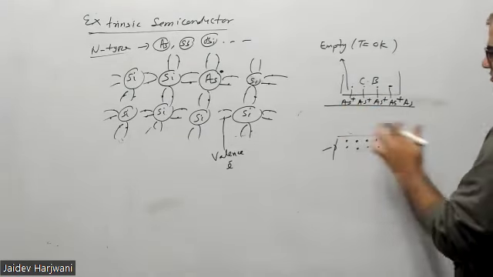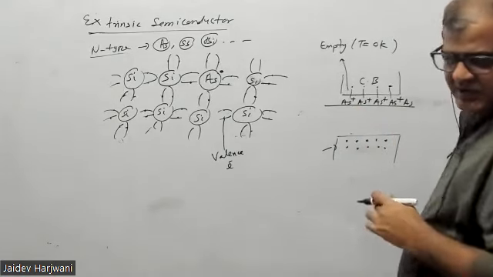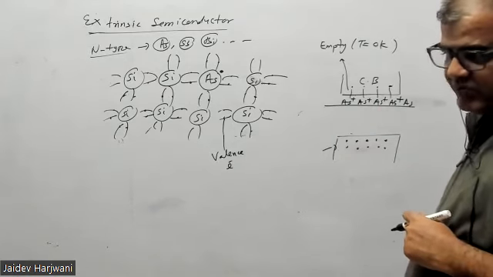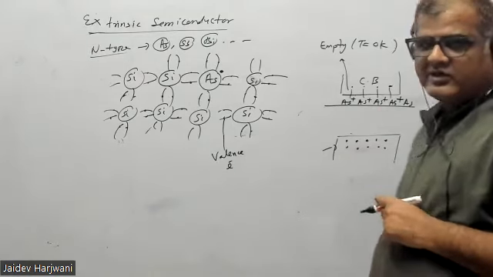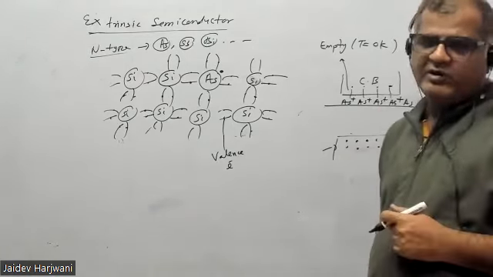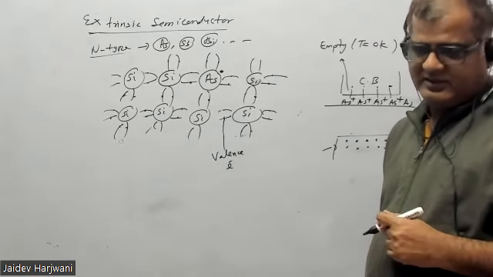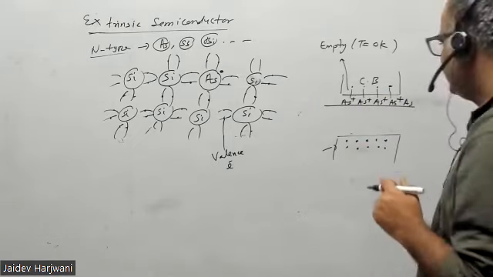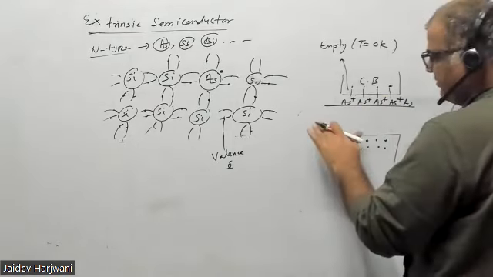Now what about the Fermi level? The Fermi level is always the topmost filled level. At T equal to 0, there cannot be any electron above this Fermi level. In the intrinsic case, it is in the middle.